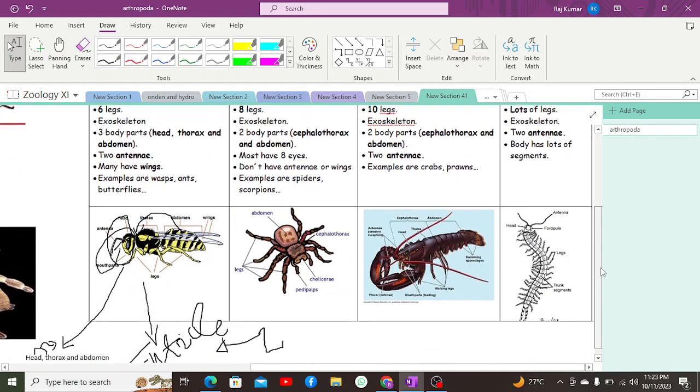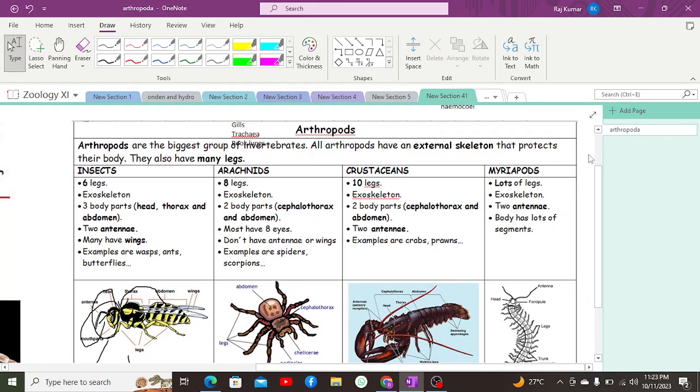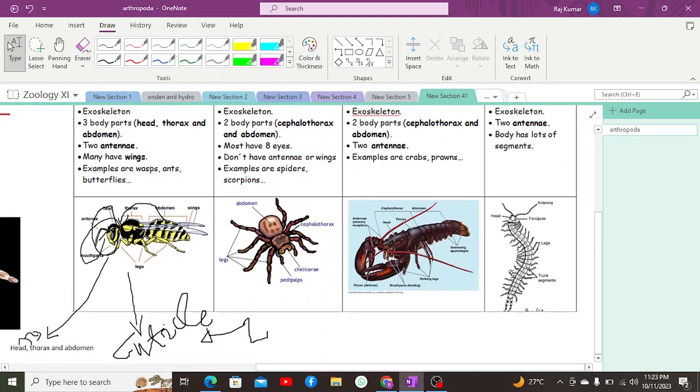The mosquitoes are vectors for plasmodium. Spider and scorpion both have poisonous substances which can harm us as well.